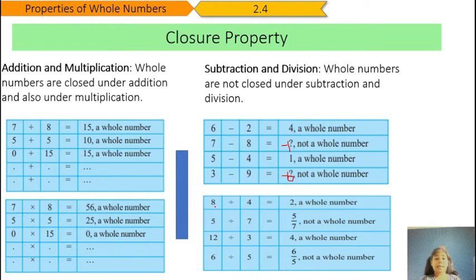Let's see some examples on the division side. 8 divided by 4 gives us 2, and 2 is a whole number. Now 5 divided by 7. As 7 will be outside, it is known as the divisor, and 5 will be inside, and 5 is the dividend. Now, when a bigger number is outside as a divisor and a smaller number is inside, we need to put a point.